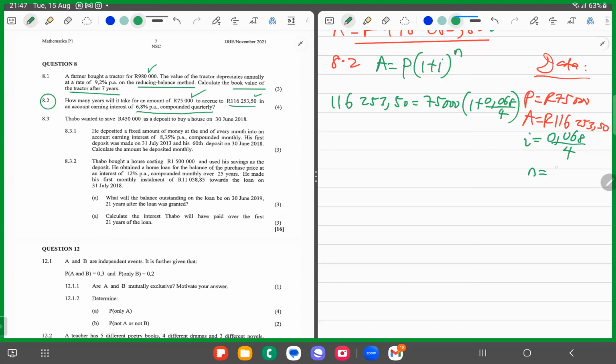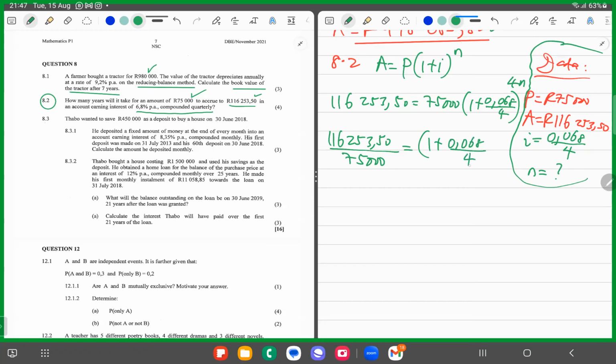So obviously we're interested in the value of n. But now you always multiply the n by 4 in the finance calculations. So this would be the same as 116,253.50 divided by 75,000, which is 1 plus 0.068 divided by 4 to the power 4n.